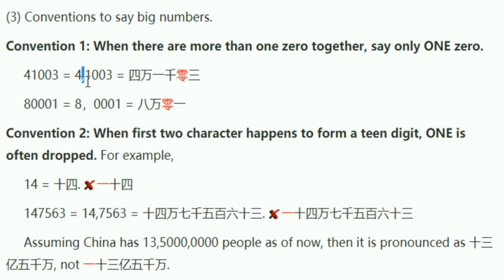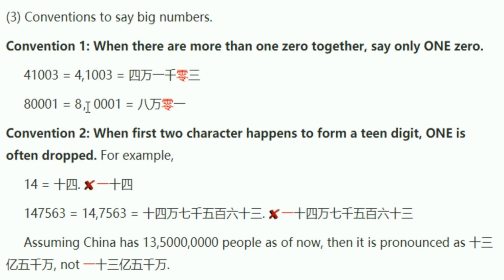This is a 万. You don't say it with every zero spelled out, that's not right. It is not following convention. The convention is if you have more than one 0 together, just say it once. So 4万1003, don't say it with multiple 零.